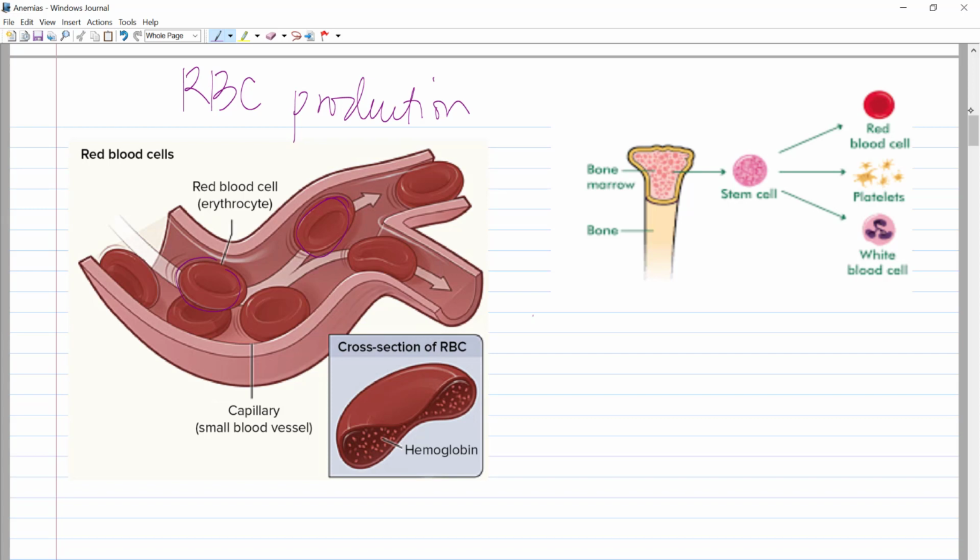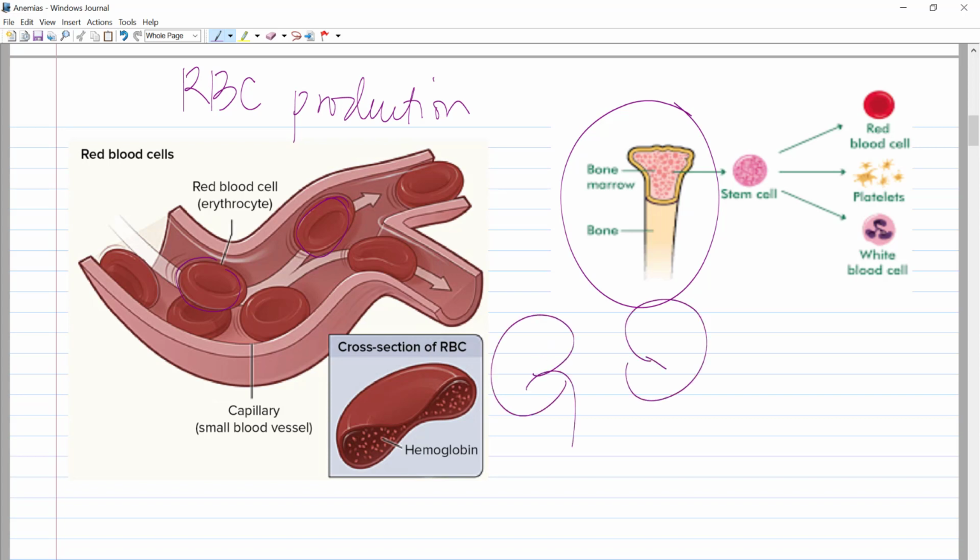Okay, so let's discuss red blood cell production. You've learned from anatomy and physiology that red blood cells are produced in the bone marrow, right? And the thing with RBC production, it's not only the bone marrow that participates. There are so many factors that can affect it. For example, the kidneys. Remember that the kidneys produce erythropoietin, which is also very important in RBC production.